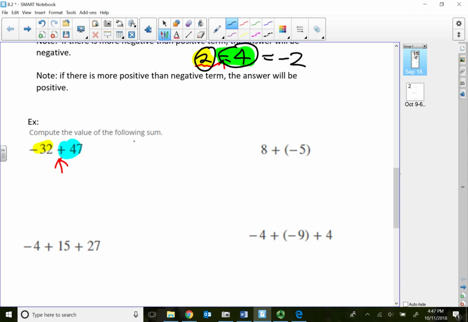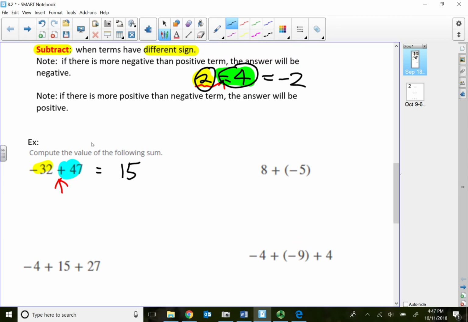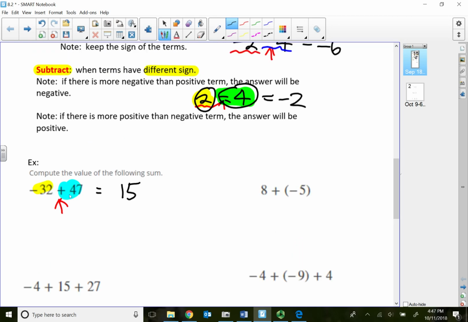Even though the problem says find the sum, realistically our mind is telling us to subtract. So when we normally subtract 47 and 32, we should get about 15. When we subtract terms, we have to remember, if I have more positive term than negative, then my answer will be positive. So my answer is positive 15.